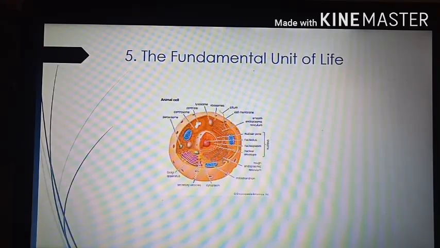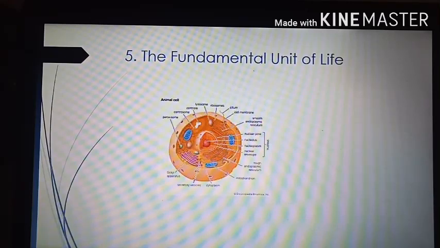We will briefly learn cell wall, construction and function of the cell wall, plasmolysis, nucleus, cytoplasm, cell organelles, endoplasmic reticulum, types and functions of endoplasmic reticulum, Golgi apparatus, structure and functions of Golgi apparatus.